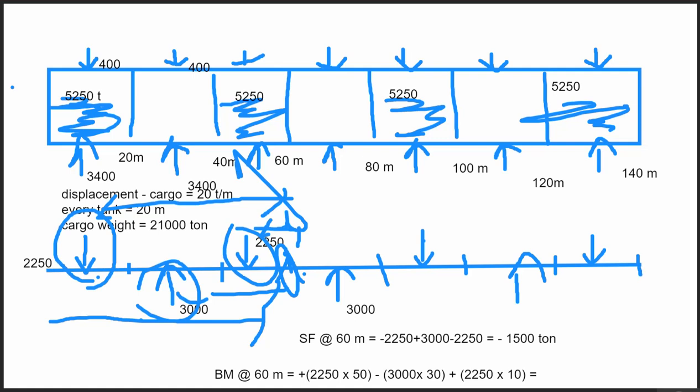Taking into account the sign convention, clockwise, counterclockwise, you will finally end up with 45,000 ton meter. Don't forget your apples and pears. Upon the exam, you always have to mention whether it's ton or newton or meters or millimeters, whatever. That's how you calculate the bending moments.